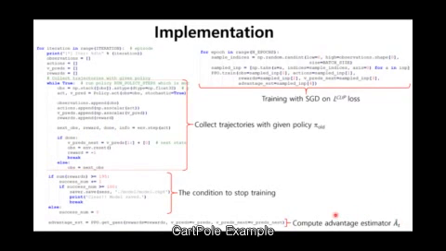This algorithm takes as input the reward, value, previous value, and next value. Then we train the policy with stochastic gradient descent on the clipping loss.